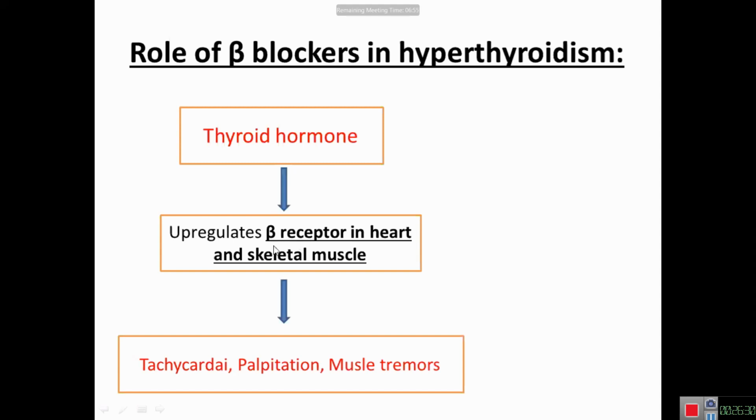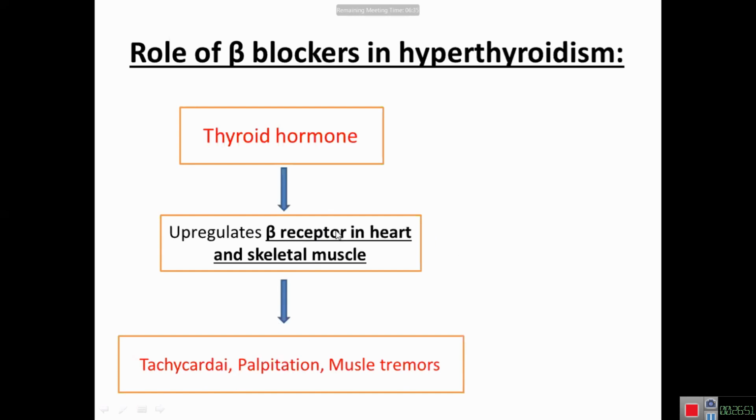But these thyroid hormones will upregulate the beta receptors and increase the sensitivity of the heart towards the catecholamines. Finally, once your beta receptors get stimulated, it results in tachycardia, palpitations, and muscle tremors through the skeletal muscles.